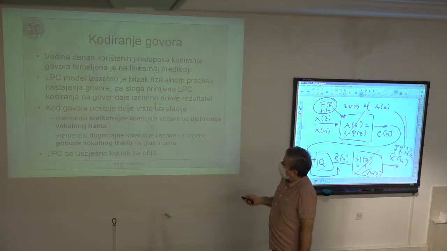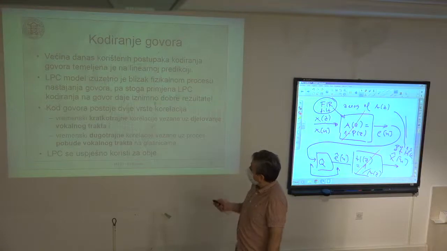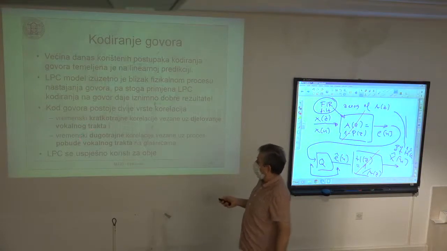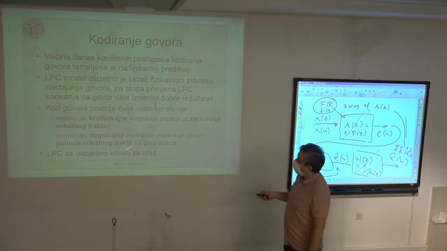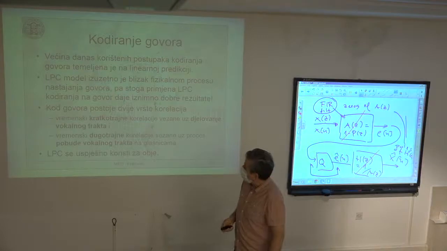And this correlation can also be utilized to achieve high efficiency of predictive coding. So both short-term correlation as well as long-term correlation can be utilized to achieve high coding efficiency.